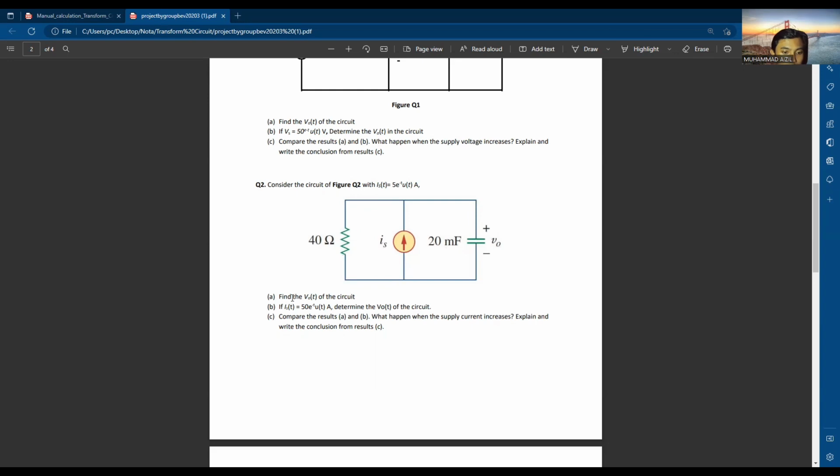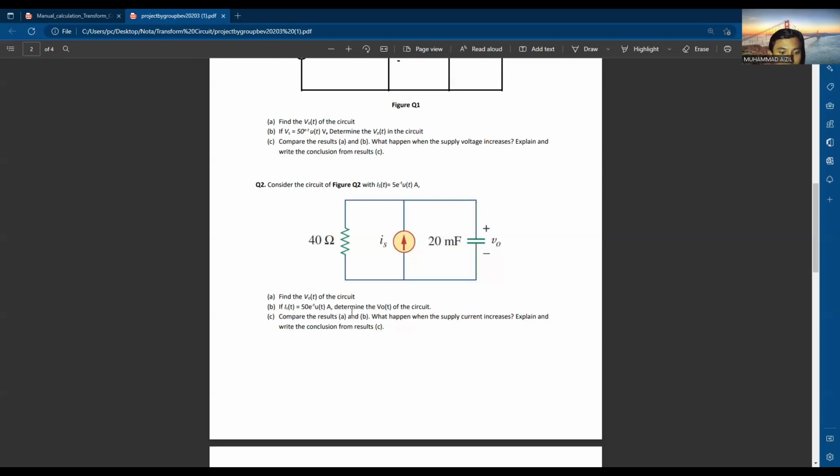For question A, we need to find the value of Vout(t) of the circuit. For question B, we need to find it if the value of Is(t) is increased to 50e^-t u(t) ampere, and then we also need to determine the Vout of the circuit.